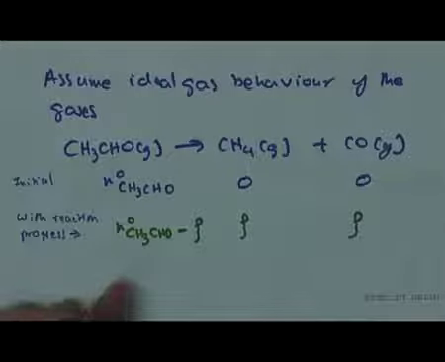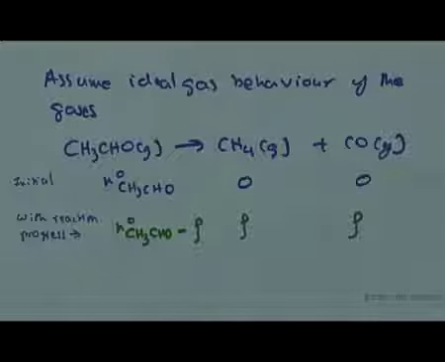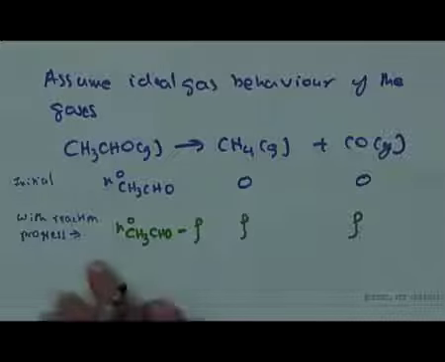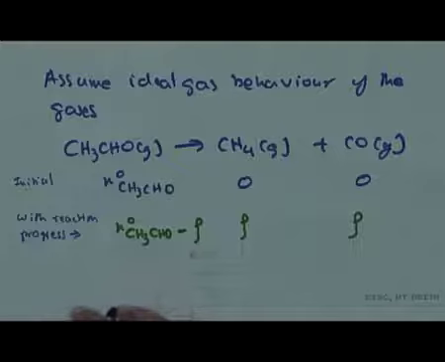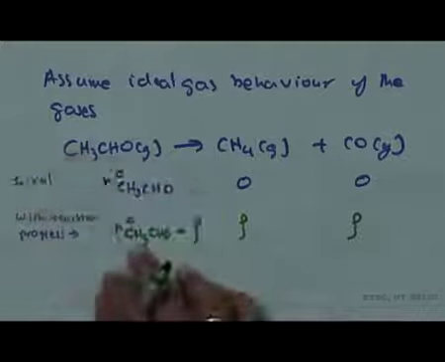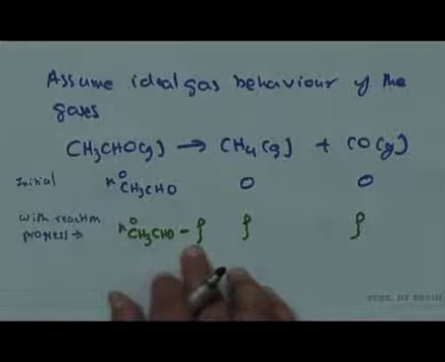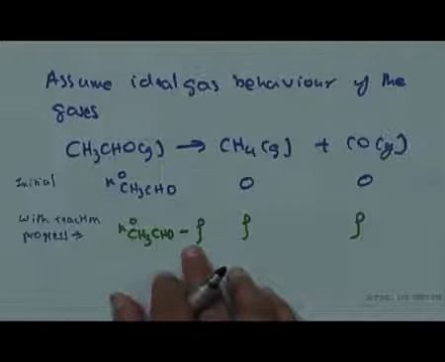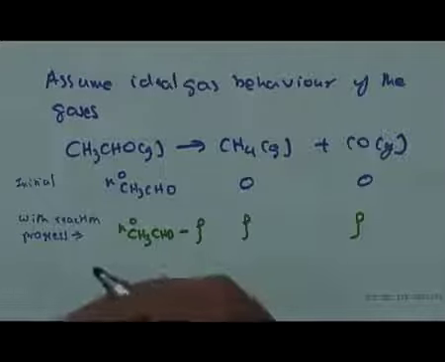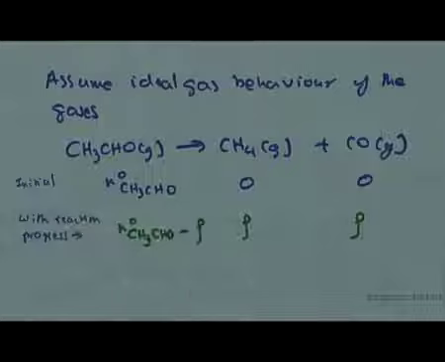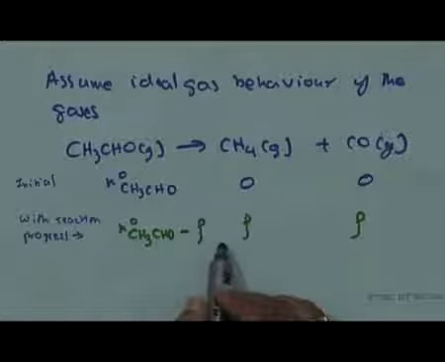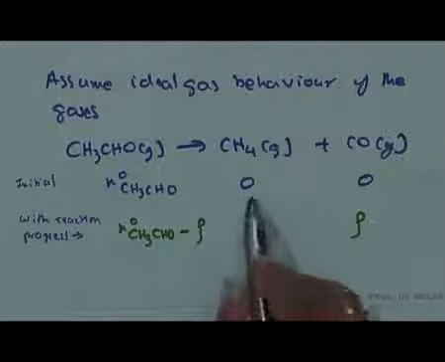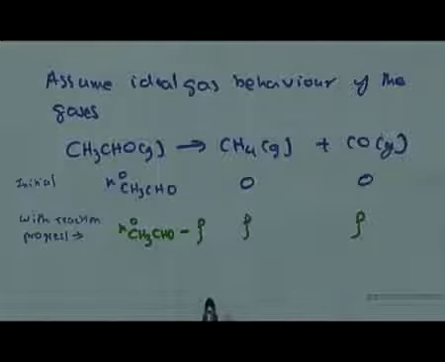That means as the reaction is progressing, we have N naught moles of acetaldehyde minus xi moles, which is the degree by which the reaction is advanced. Along with this, I have xi moles of CH4, a gas formed, and xi moles of carbon monoxide formed.